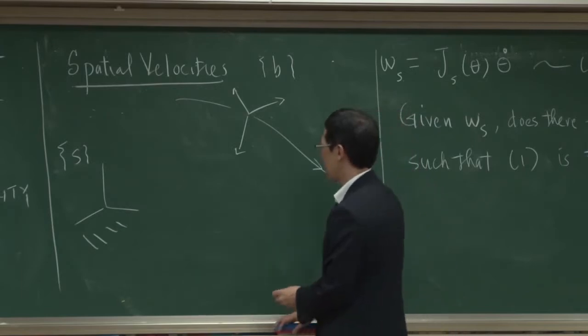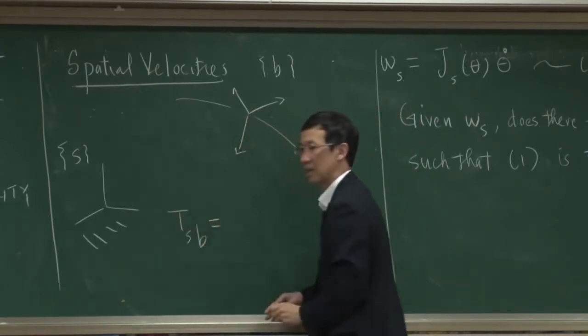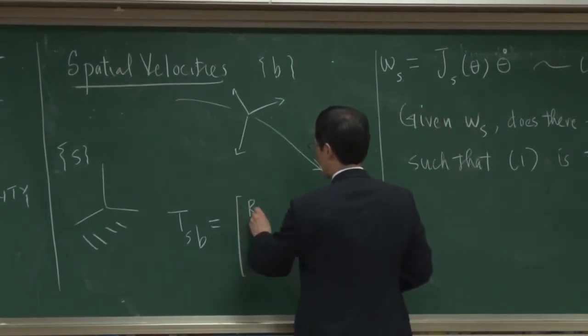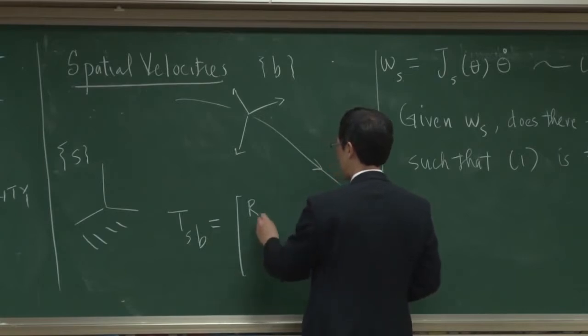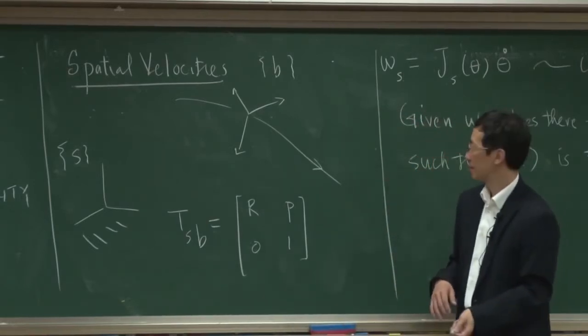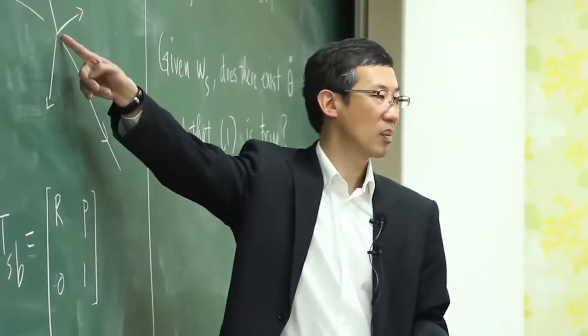And we have the transformation TSB. Let's get rid of the S and B for now, so just call it R, P, 0, 1. R is the orientation, P is the position of this B frame origin.